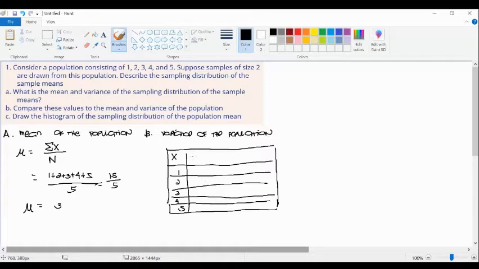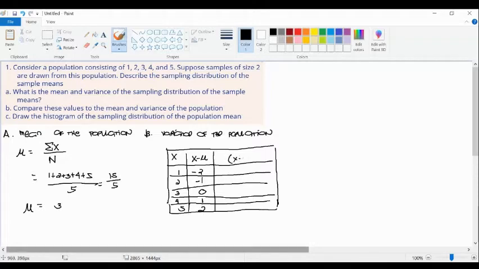And we're going to subtract the mean from the random variable. So 1 minus 3, that is negative 2. 2 minus 3, that's negative 1. 3 minus 3, that's 0. 4 minus 3, that is 1. 5 minus 3, that is 2.